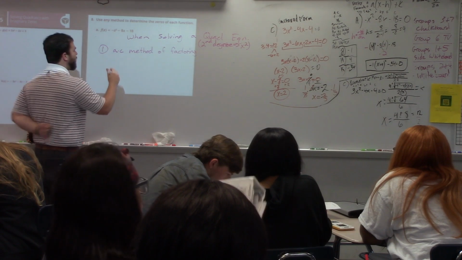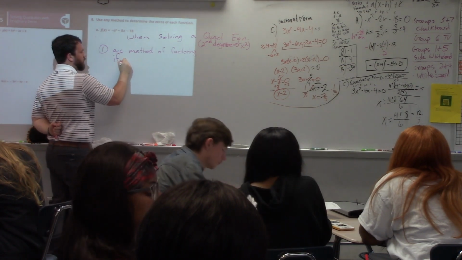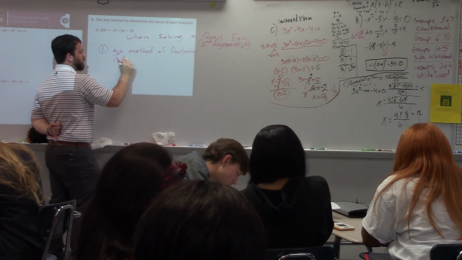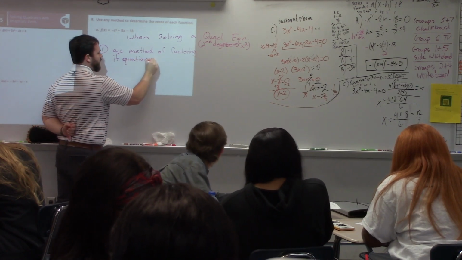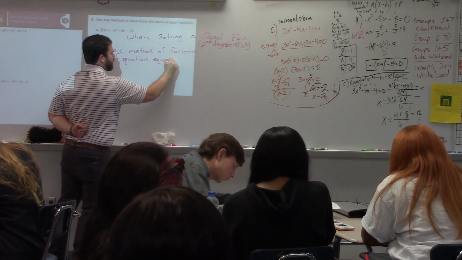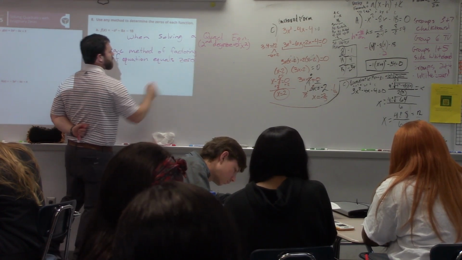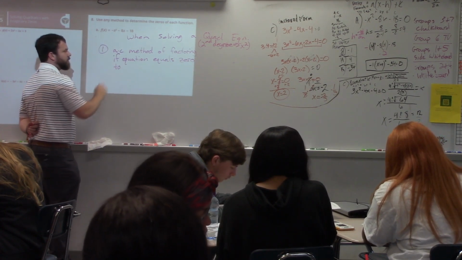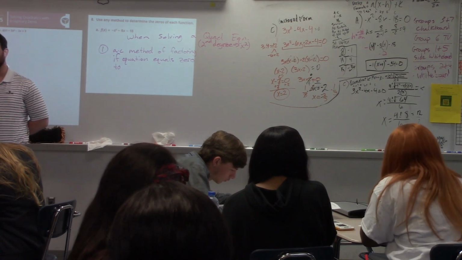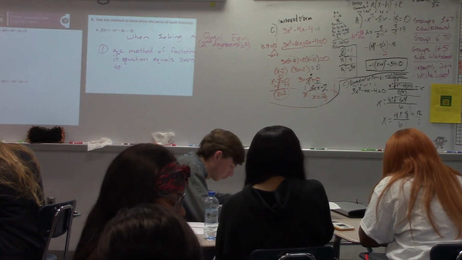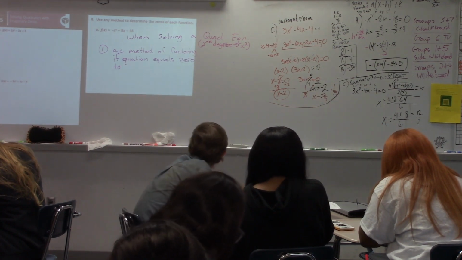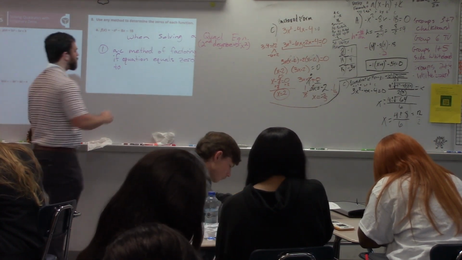So AC method of factoring if the equation equals 0. What's the goal with that? To use what? Zero product property.